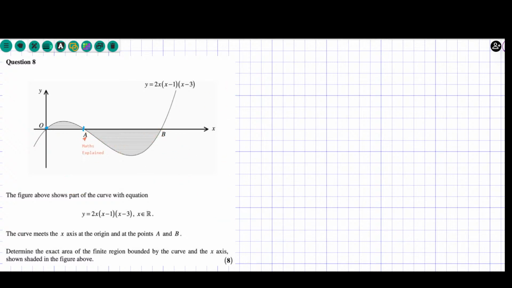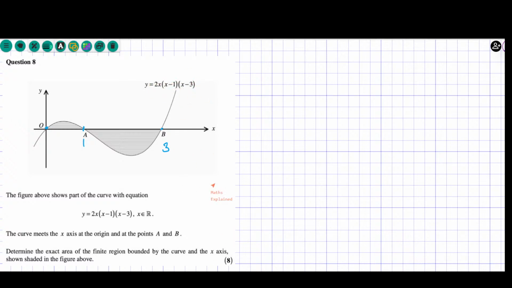So the first point is to say what A and B are. They've given us this nice factorized function which tells you the roots. So A must be 1 and B must be 3.